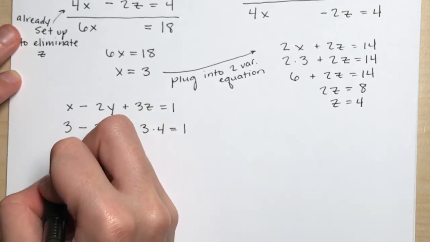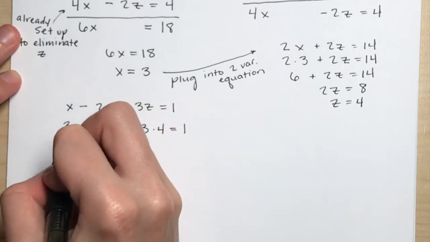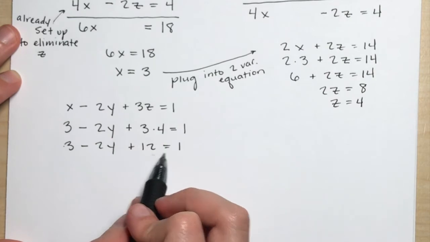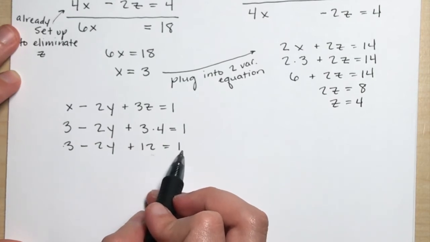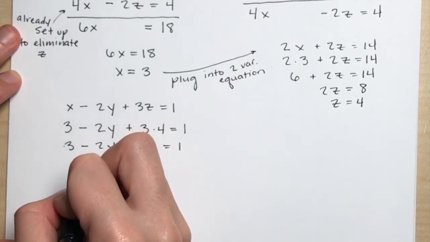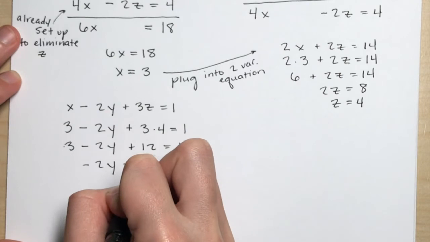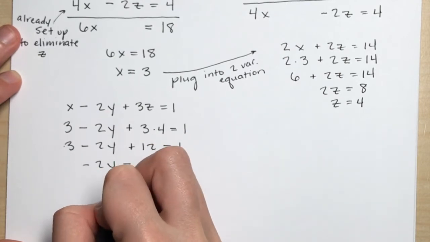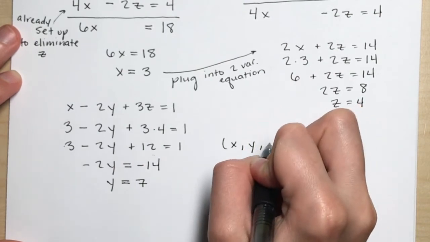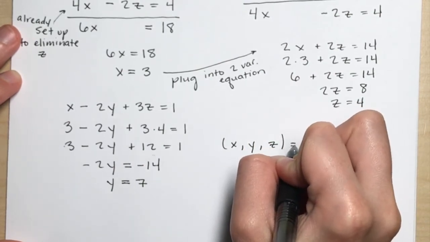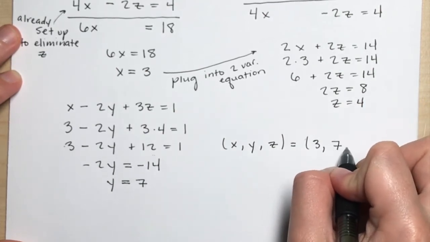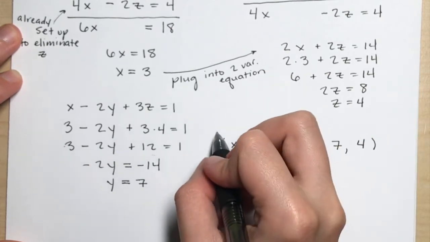So I've got 3 minus 2y plus 12 equals 1. I bring both of these over, so I'm subtracting 1 minus 3, so negative 2, minus 12, so negative 14. I have negative 2y equals negative 14, so y is 7. The answer to this three-variable system is x, which is 3, y, which is 7, and z, which is 4.